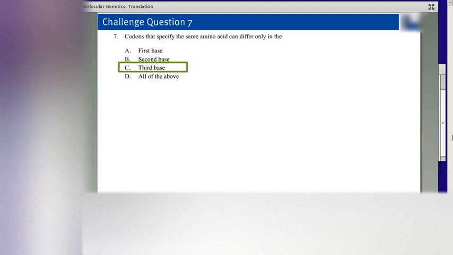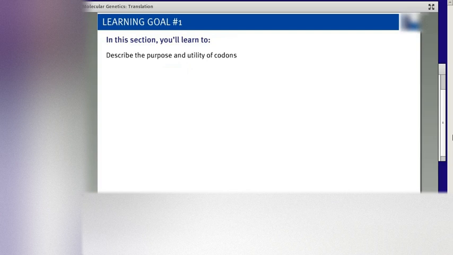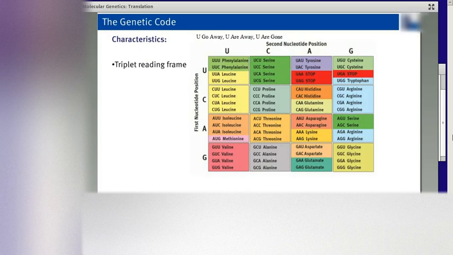I want to go back just briefly to our first image so you guys can see this again because this is important that you understand this. So let me see if I can find the right slide again. Here we go. All right, so what we're saying with this is if we look at UUU versus UUC, the first U would be the first one, the second U would be our second one, and then the third, where it's U versus C, would be our third.